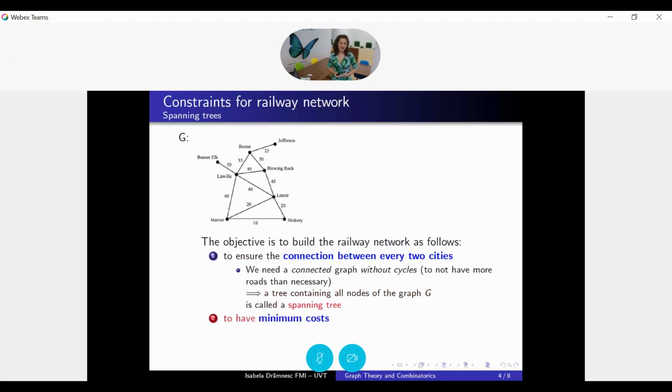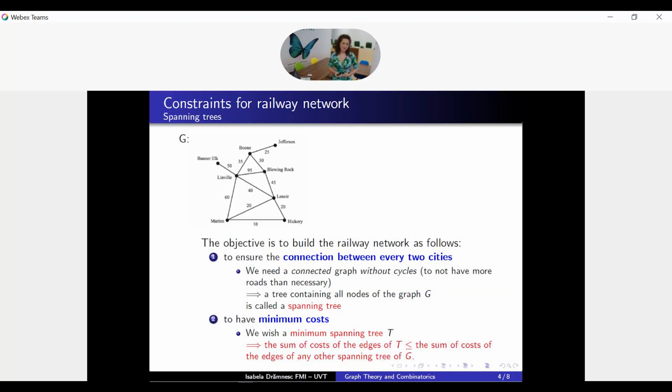Second, we have to ensure a minimum cost. In order to do that, we wish to obtain a minimum spanning tree, and this means that the sum of the costs of the edges of the minimum spanning tree has to be smaller or equal than the sum of the costs of the edges of any other spanning tree of the graph.